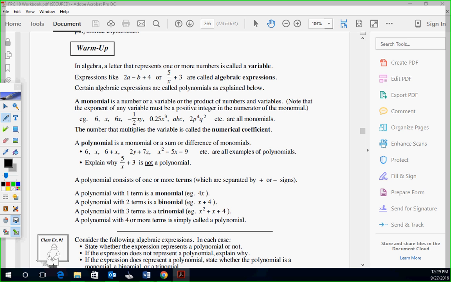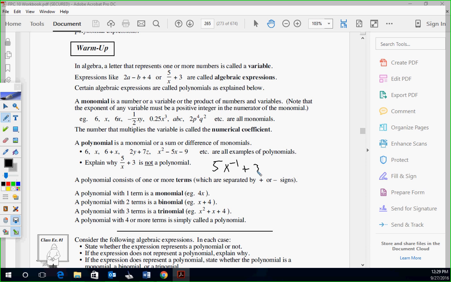You can't do over x because if we wrote this, it'd be 5x to the negative 1 plus 3. So that's how you'd write that with exponents. It's a negative exponent, therefore it's not a polynomial. Polynomials have to have positive exponents.